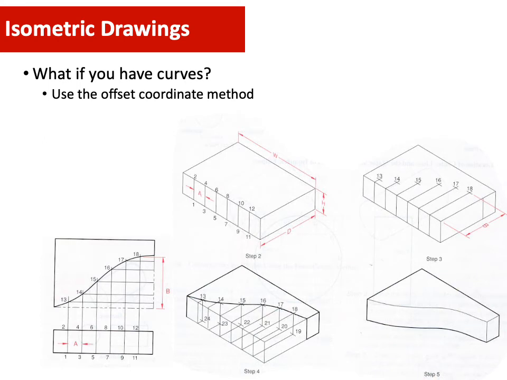What if you have a curve? You will use the offset coordinate method. Here is the step by step of how to do a curve. In the offset coordinates method, you need to be very uniform from the front view and the left side view, and then you need to mark it, and then draw tangents.